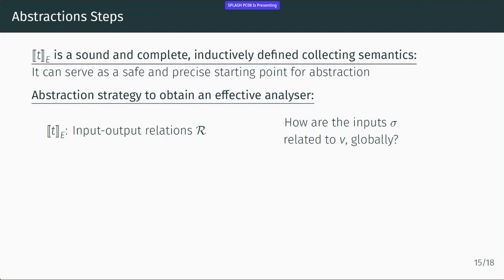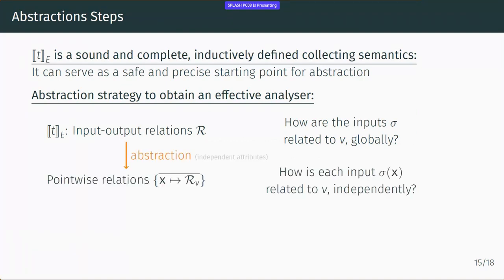And in the first abstraction step, we use what is called in the literature the independent attributes abstraction. So we turn this into a set of binary relations over values, that tell independently how each input is related to the output. I will give an example on the next slide.